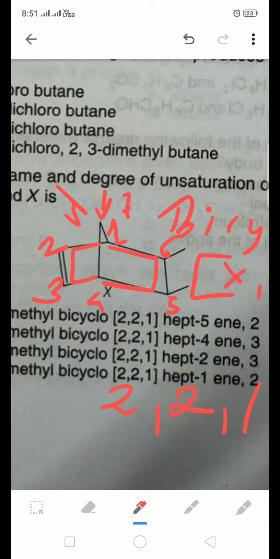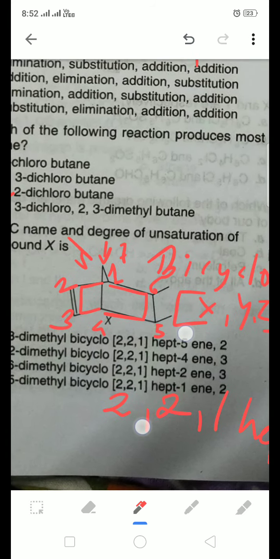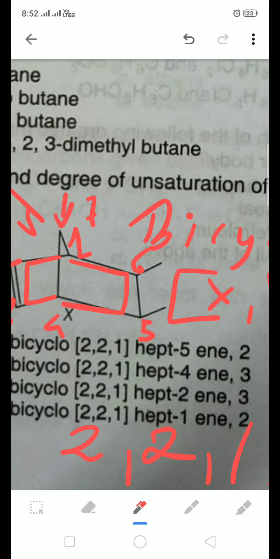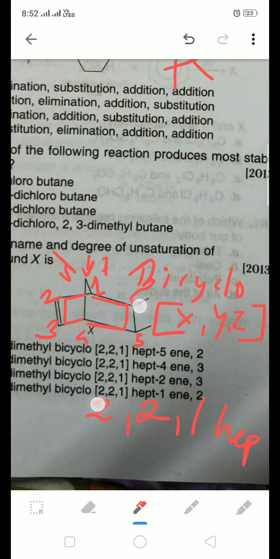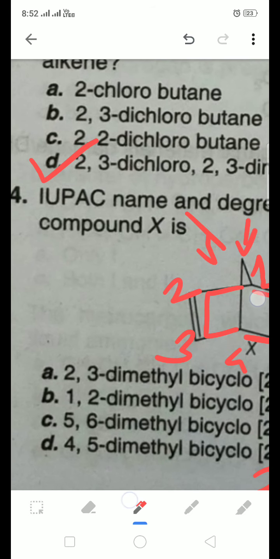So 1, 2, 3, 4, 5, 6 and 7, including the bridgehead. So there are 7 carbons including the bridgehead in the ring. So it would be a hept. And if you see the double bond position, it's at 2. So it's a hept 2 ene. Therefore, the answer would be C.